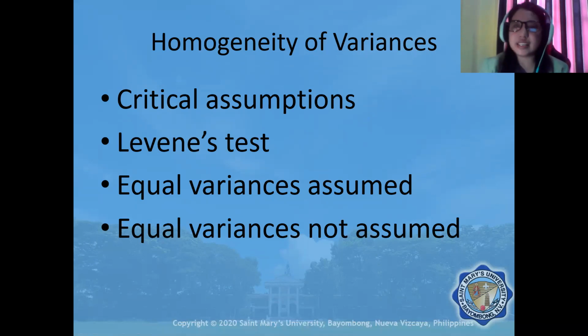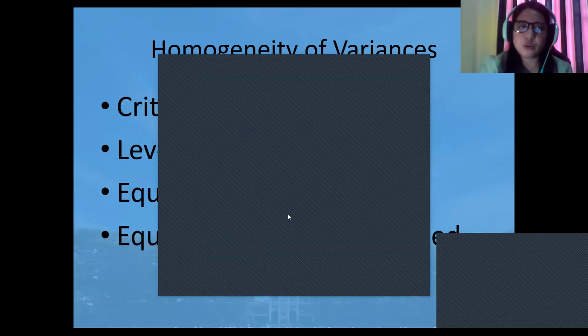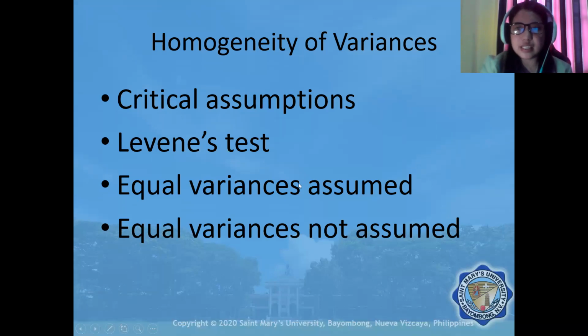In case you find that they are not equal, then you have an alternative test for that, for equal variances not assumed. The test that we use here is Levene's test. This is considered one of the critical assumptions because, as mentioned, it can affect the result.